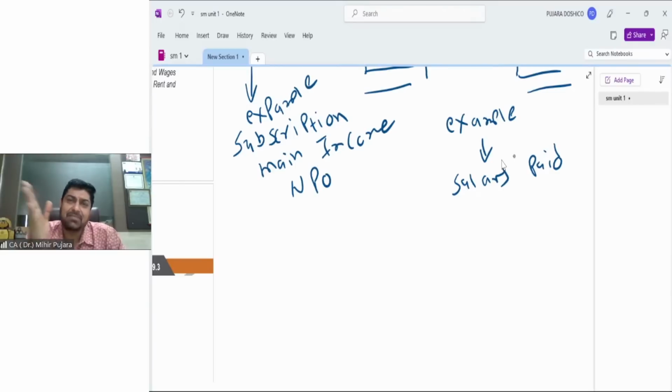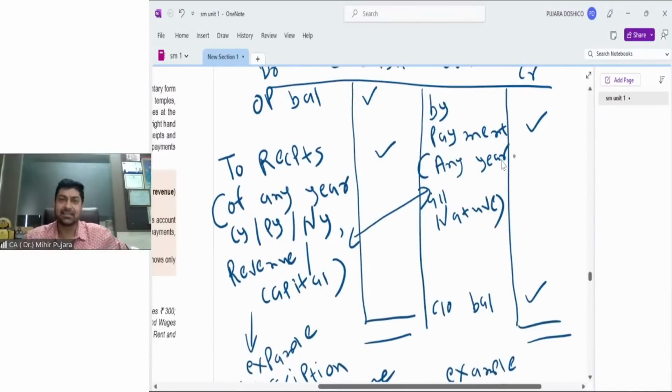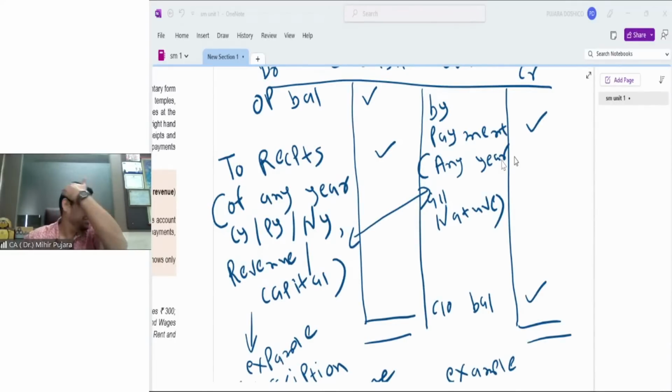So whatever name it is, whatever type it is, whatever year it is, it is part of the receipts and payment account. Either it is of any nature, either it is of any year, it should be credited. So till this point, it is clear, guys. Can we go to the next point?